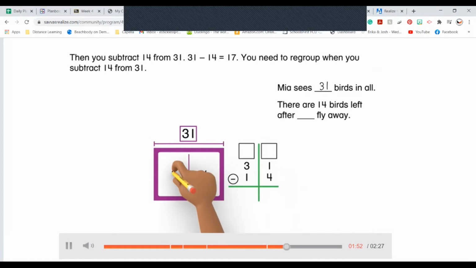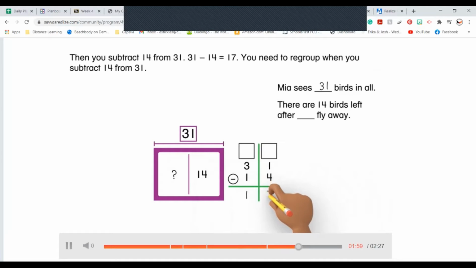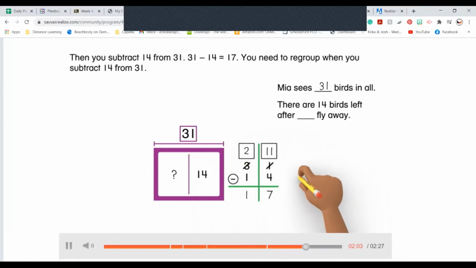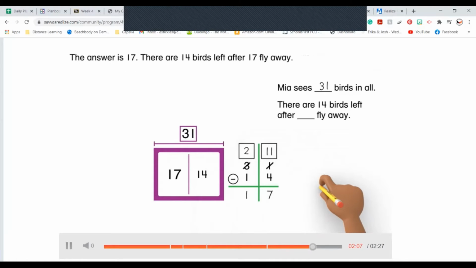Then you subtract 14 from 31. 31 minus 14 equals 17. You need to regroup when you subtract 14 from 31. The answer is 17. There are 14 birds left after 17 fly away.